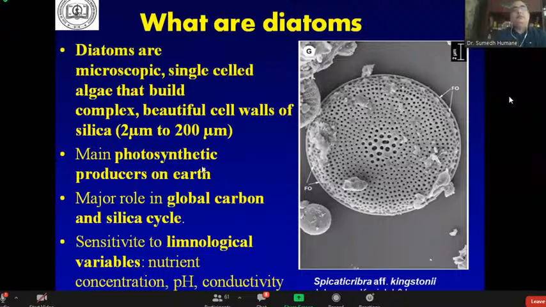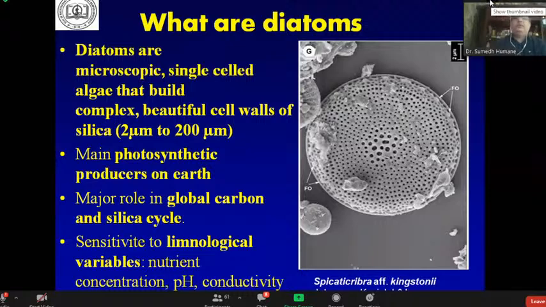They are the major photosynthetic producers on the earth. Diatoms need sunlight to generate their own food, so the majority of diatoms you will find in the aquatic environment. They dwell at shallow water depths in lakes and in the oceans. They are ubiquitous, found in almost all aquatic environments.